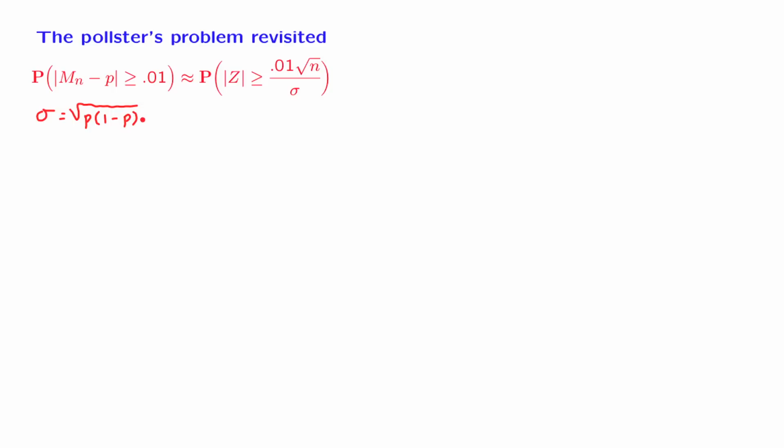However, as we discussed when we first studied the polling problem, we do know that sigma is always less than or equal to 1/2. And this suggests that we could use the worst case value of the standard deviation, replace sigma by 1/2, and instead look at this probability here.